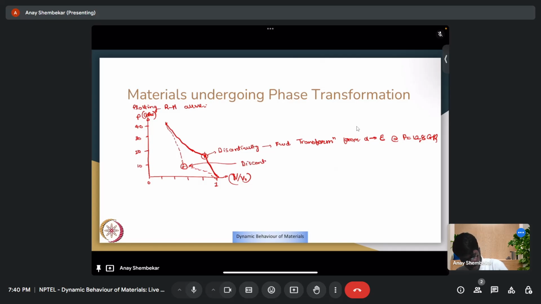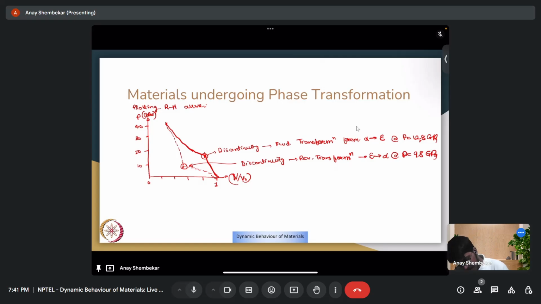This discontinuity is due to the reverse transformation, which goes from epsilon to alpha at a pressure equivalent to 9.8 GPa. So this is what we see.